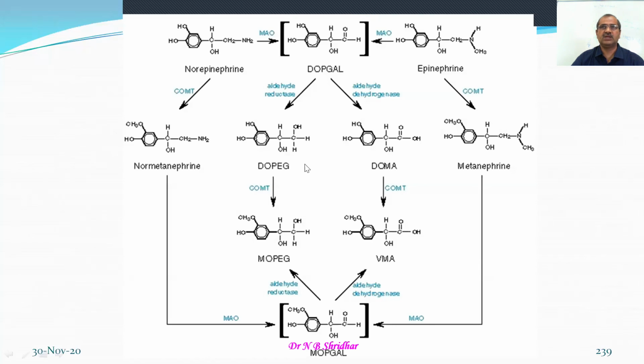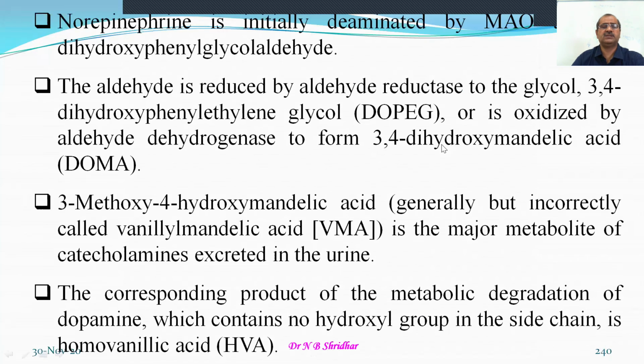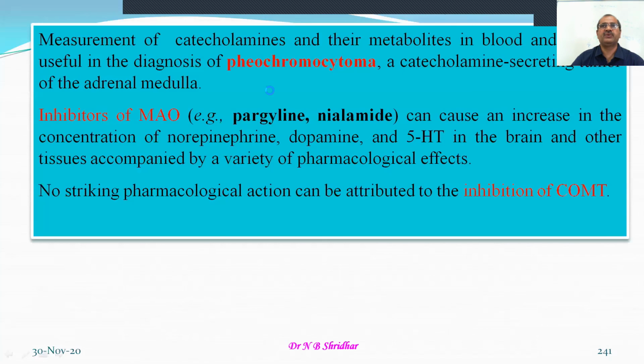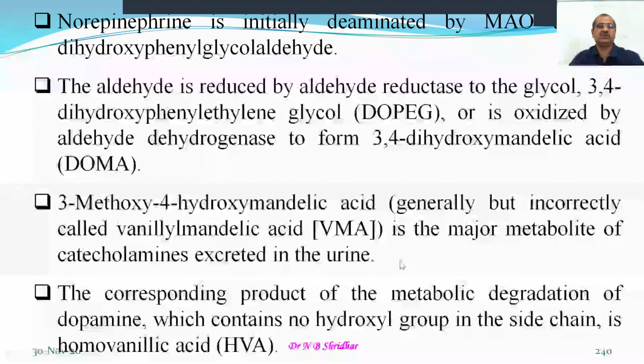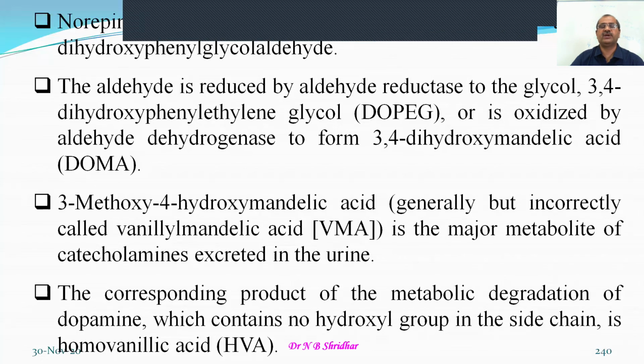Then this is acted on by aldehyde dehydrogenase to form 3,4-dihydroxymandelic acid, also known as DOMA. This is generally but incorrectly called vanillylmandelic acid, or VMA. It is the major metabolite of the catecholamines. This is ultimately excreted in the urine. It is made more polar and water soluble.